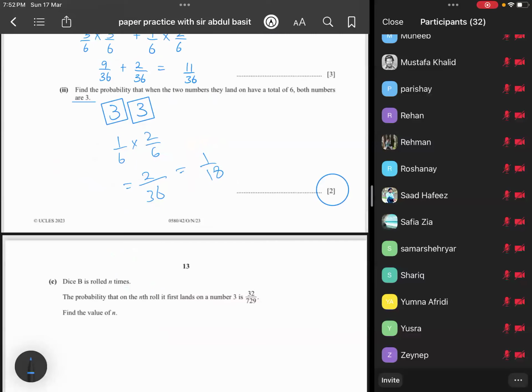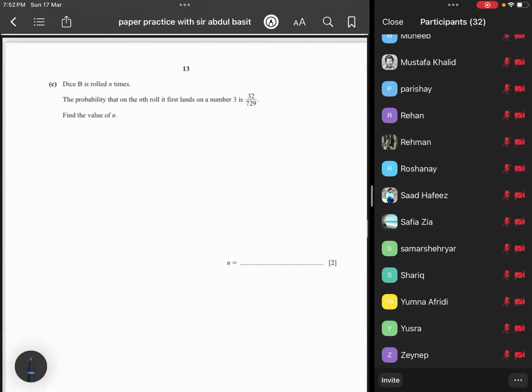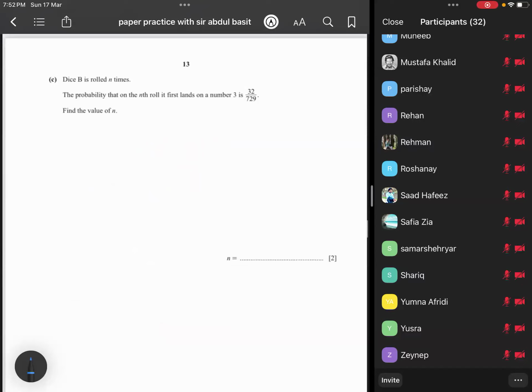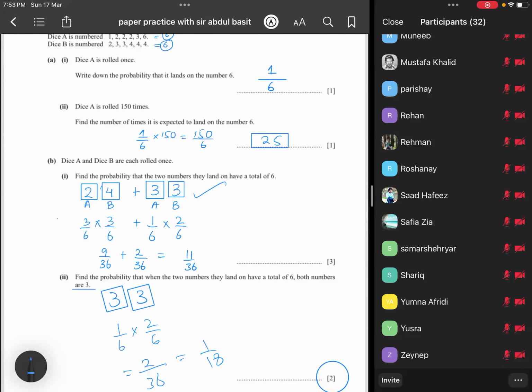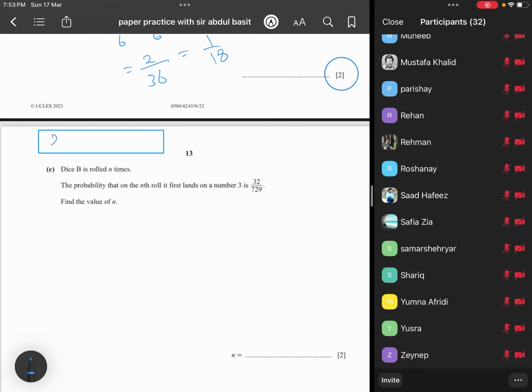Sir, dice B is rolled n times and find the probability that the nth roll is the first to land on a number 3, is 32 divided by 729. So better look at dice B, please. We need to write the dice B scores here again. Dice B is 2, 3, 3, triple 4. It is rolled n times.